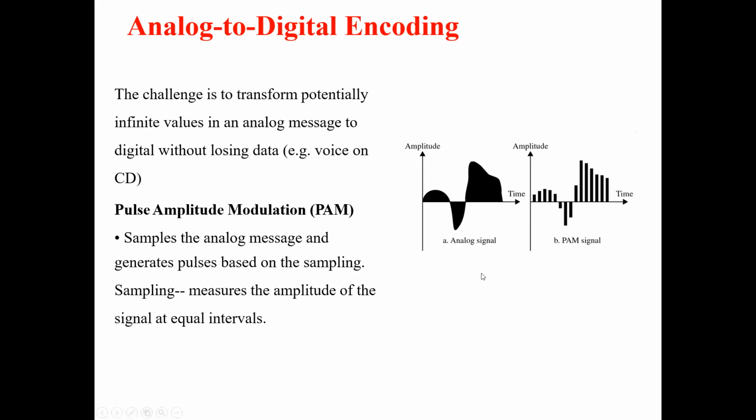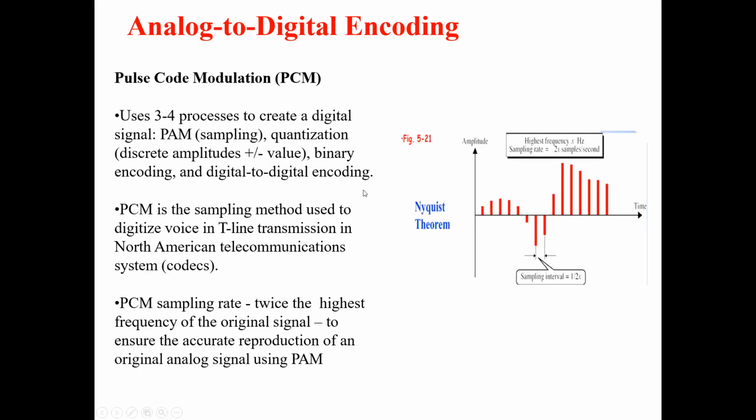And what is the Nyquist theorem? It states that the sampling rate must be at least 2 times the highest frequency contained in the signal. So Fs equals 2 times Fh.